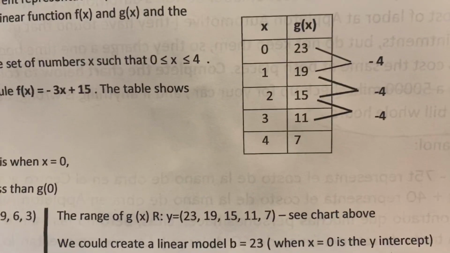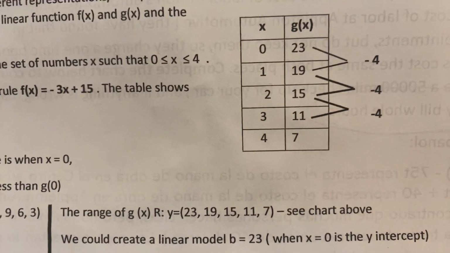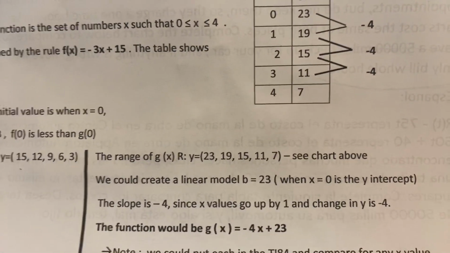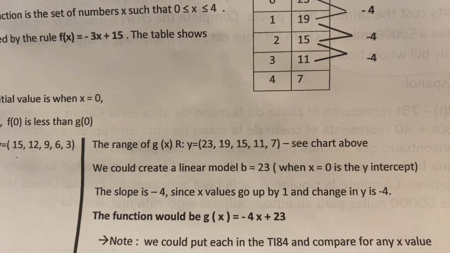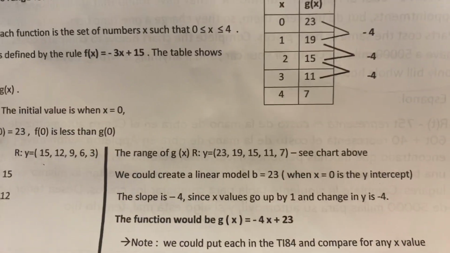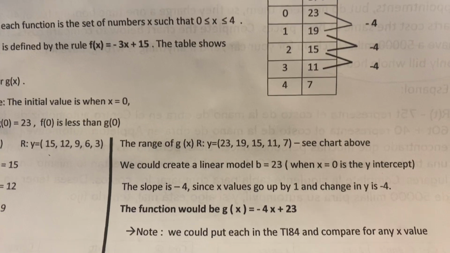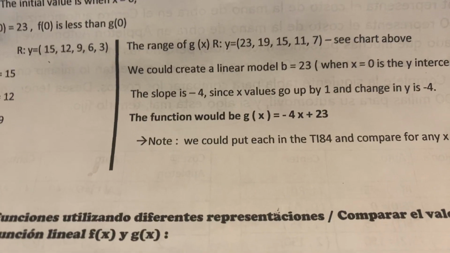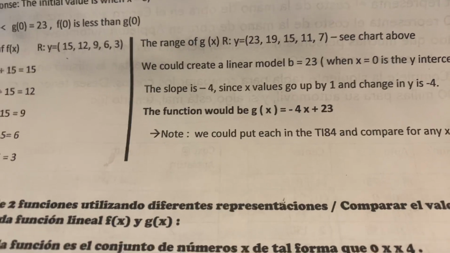How do I get from 23 to 19? I go down 4. Negative 4, negative 4, negative 4. And it's a consistent rate of change, so I know it's a linear function. All right, the x's are going up by 1. The function would be g of x is equal to negative 4x plus 23.